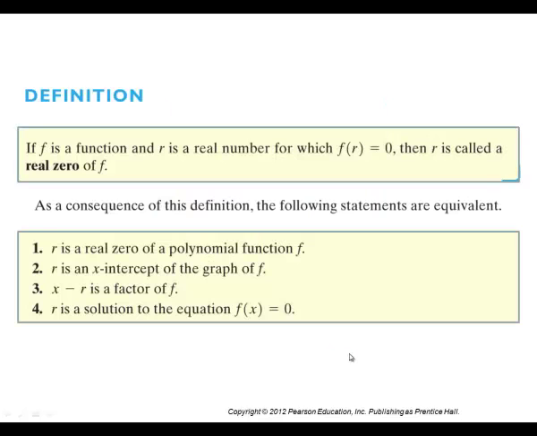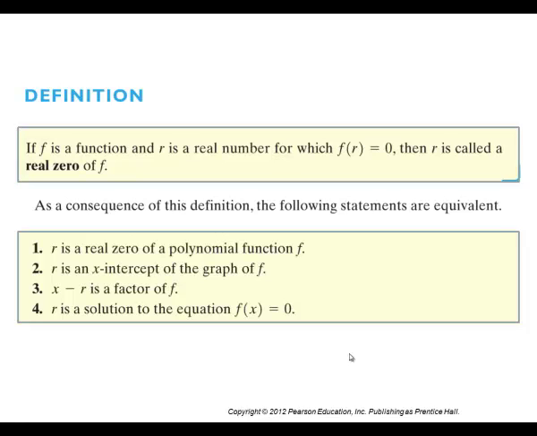All right. If f is a function and r is a real number, x minus r is a factor when f of r is equal to 0. In other words, if you were to substitute a number in and get 0 out, then r would be considered a real zero. Whatever you find for your real zeros, when you substitute that into your equation, you should get 0 out. Okay? R being a factor like x minus 2, the 2 would be r.